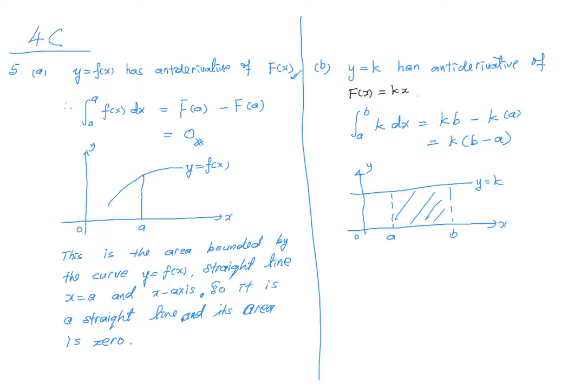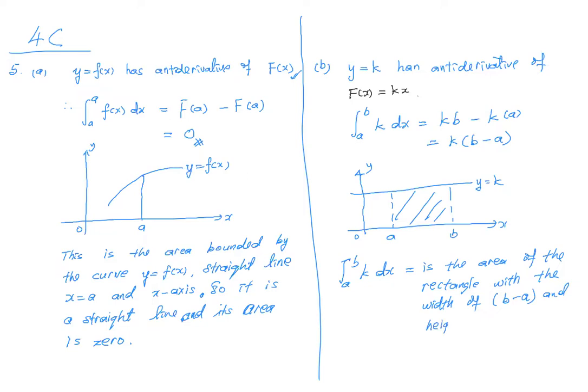So you will say, integrate a to b of k dx is the area of the rectangle with the width of b minus a and height of k.